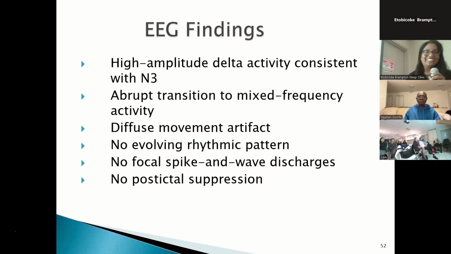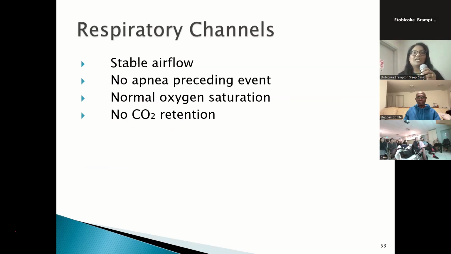EEG findings show high amplitude delta activity consistent with N3 sleep, abrupt transition to mixed frequency activity, diffuse movement artifact, no evolving rhythmic pattern, no focal spike and wave discharges, no post-ictal suppression. Respiratory channels: stable airflow, no apnea preceding the event, normal oxygen saturation, no CO2 retention.